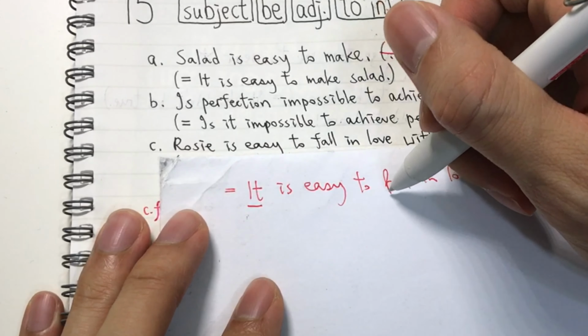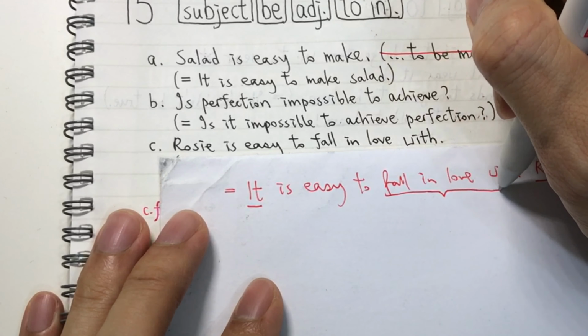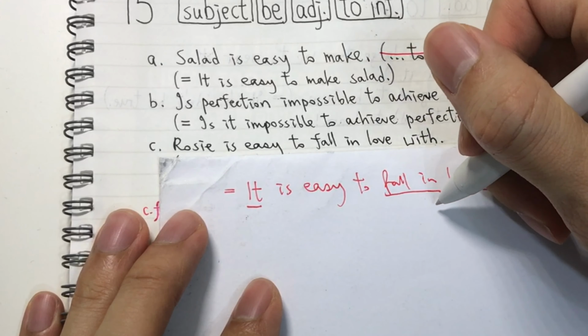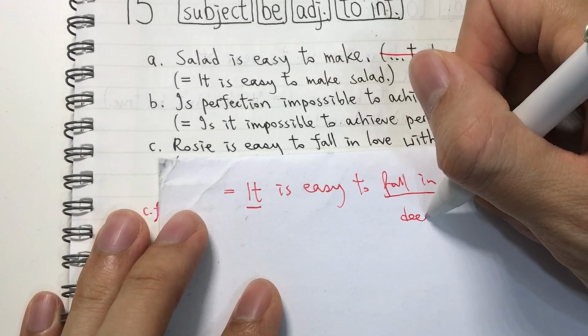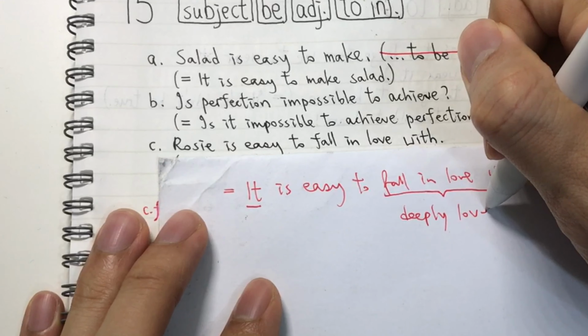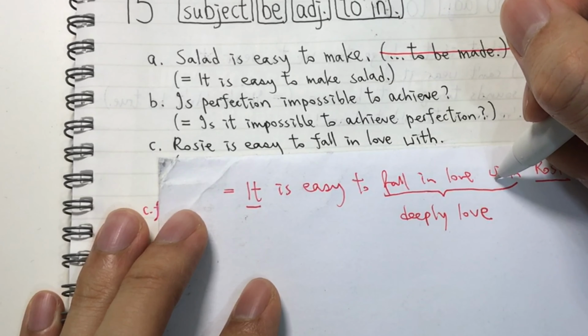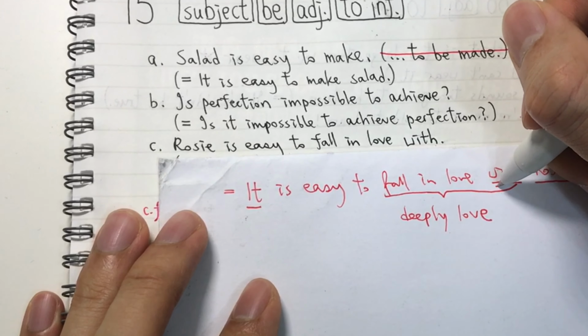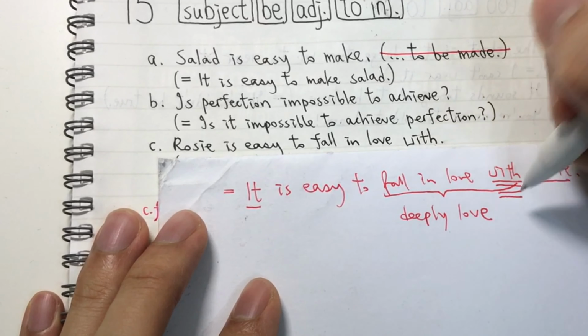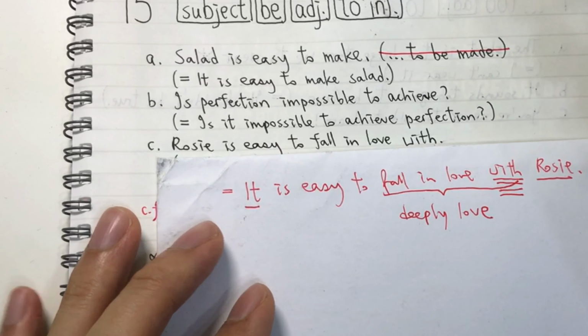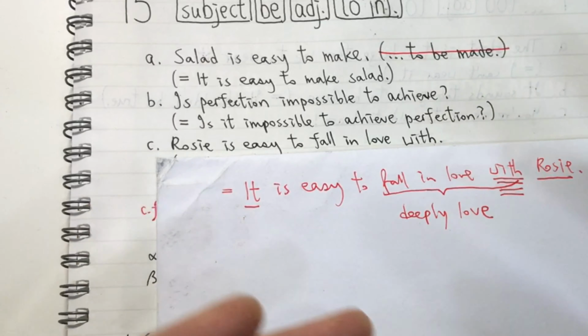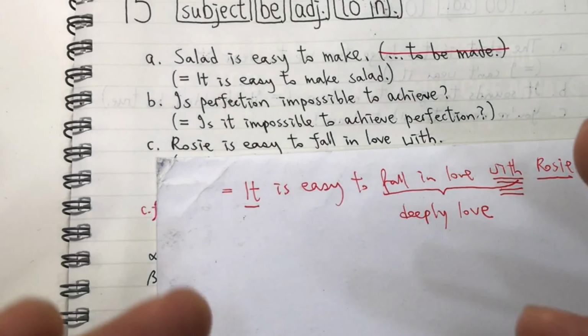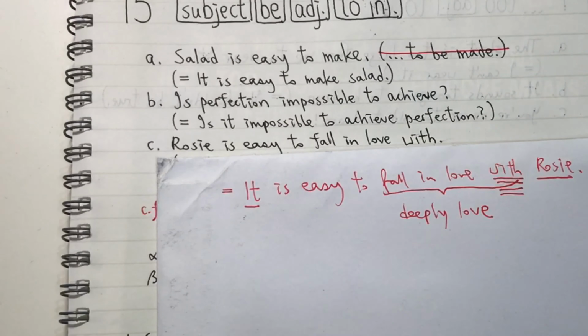So now what does this phrase mean? Fall in love with. It means to deeply love. Boys and girls, don't be fooled by the preposition with. With usually suggests being together, some mutual sharing. I'll share my breakfast with you, for example. I will play basketball with you together.